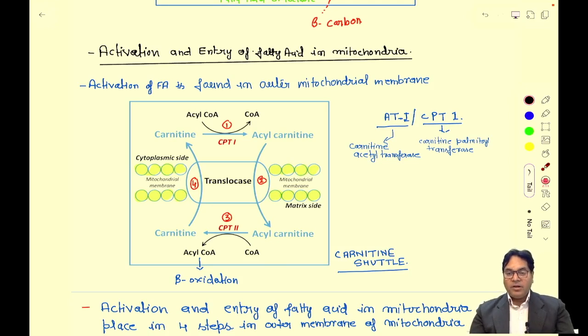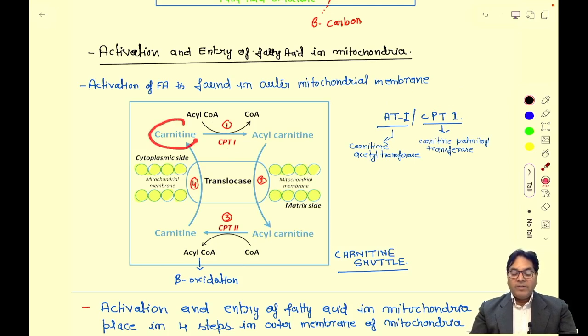Any fatty acid which needs to be activated first has to be converted into acyl coenzyme A. Then there is a molecule, carnitine, which receives the acyl group from the acyl coenzyme A with the help of the enzyme CPT1, and this enzyme CPT1 is also called CAT1.